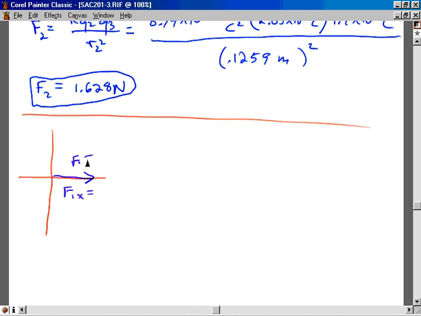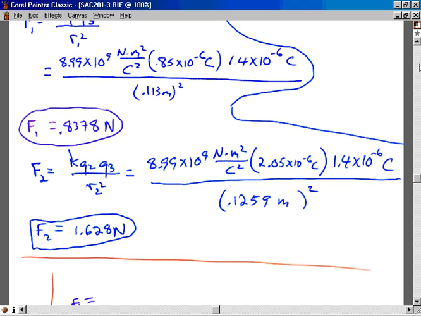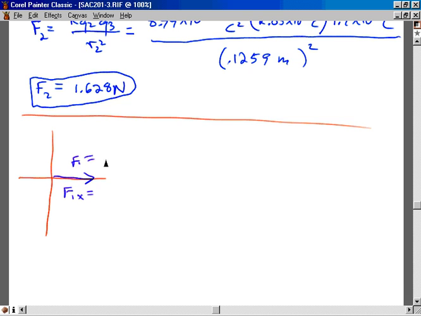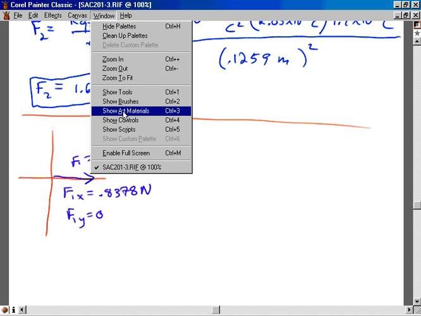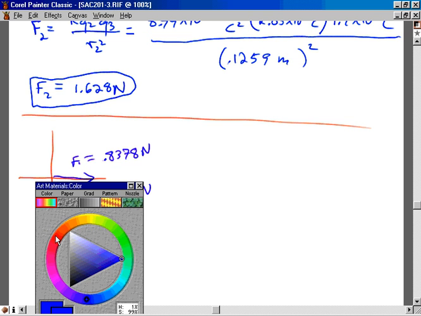F1x is equal to, well, F1 itself was 0.8378 newtons. So F1x is 0.8378 newtons, and F1y is equal to 0. And then the other one's more interesting.